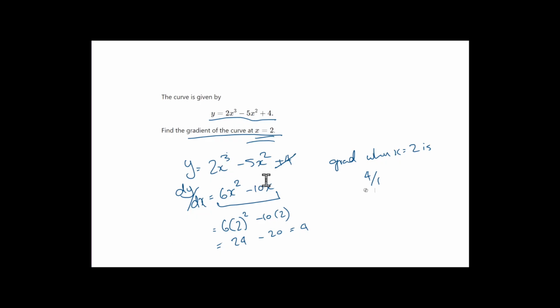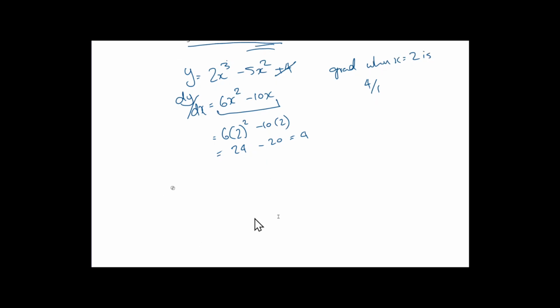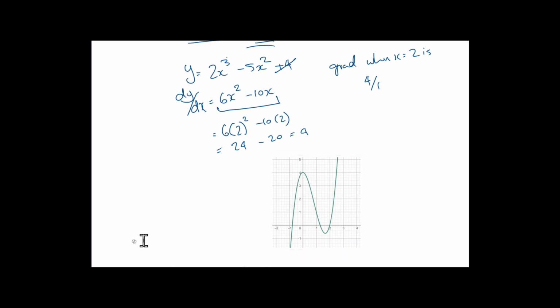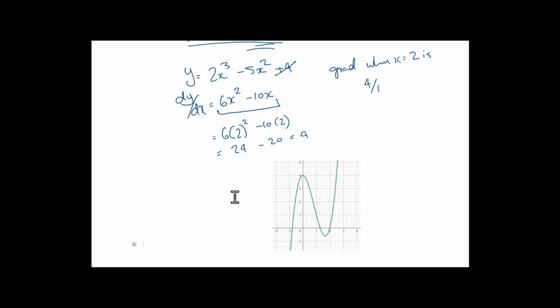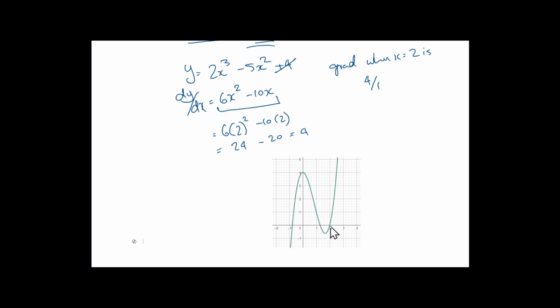Okay, let's see if that's true. So let's paste in that function. So this is the function given here, and here is 2. And as you see there, yep, the gradient is indeed about 4.